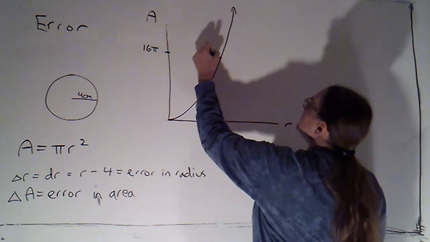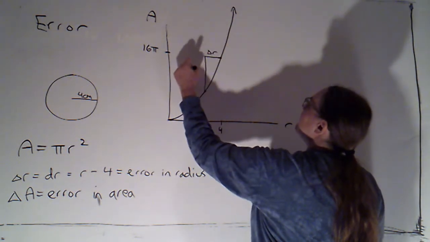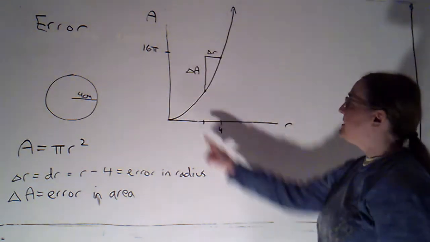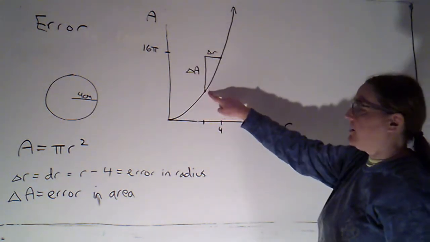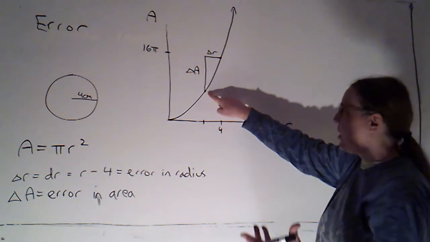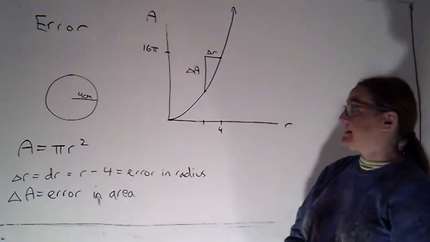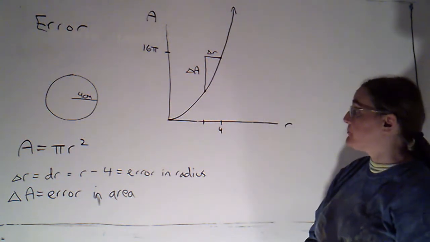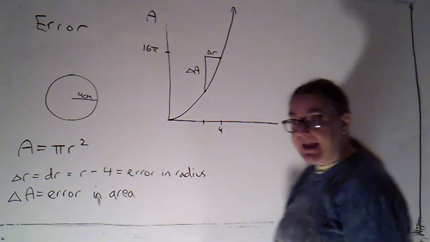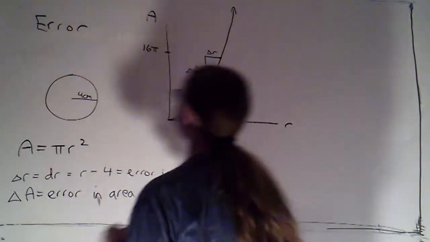If they had undermeasured the radius here, I know that this would be my delta R and that would be my delta A. To actually calculate delta A, they'd have to calculate the area that they get with the wrong radius and subtract the 16 pi that they were shooting for. But we can approximate that using differentials.